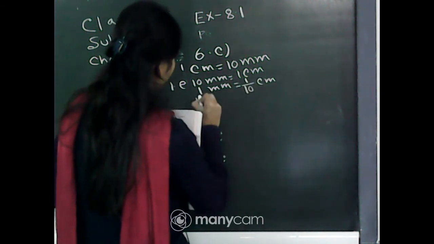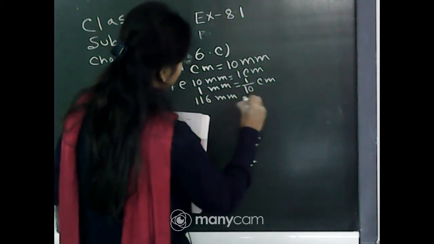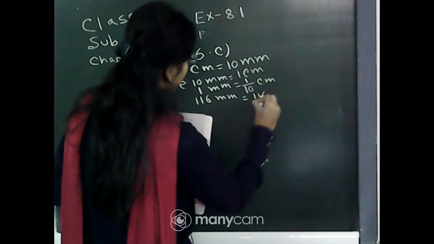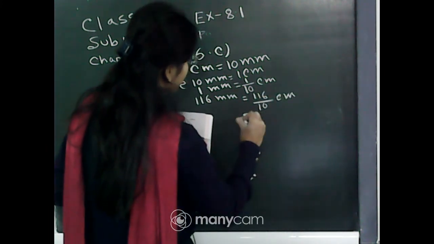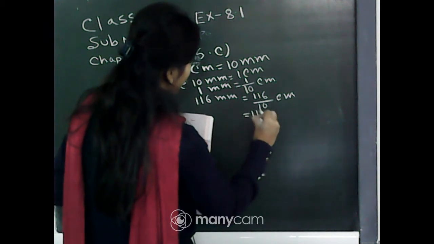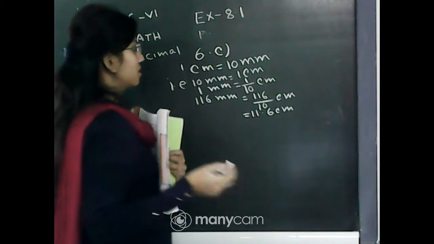Therefore, 116 mm is equal to 116 divided by 10 cm, and therefore, the required answer is 11.6 cm. Clear?